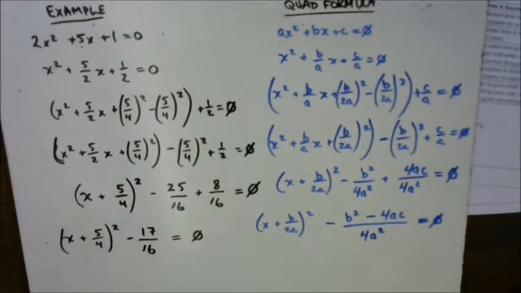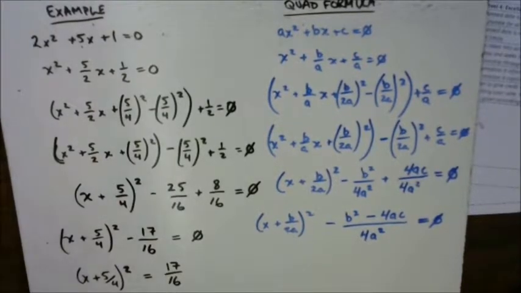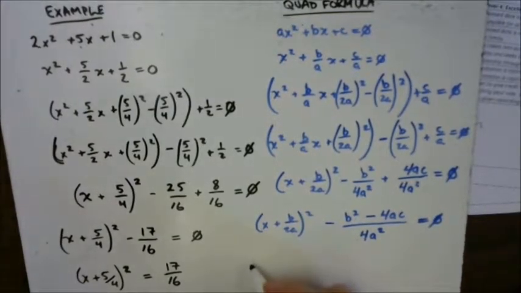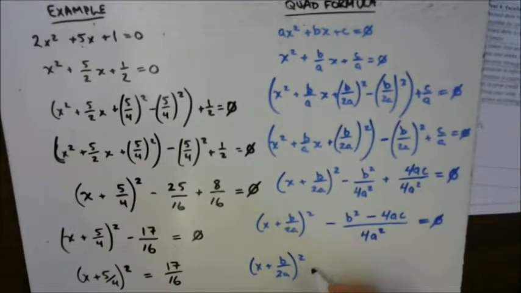Now here's where we get to the part where we're going to be using our square root. So now we're going to try to solve for x. We're going to strip everything away and see what we are left with for x. So we still have x plus 5 over 4 squared. So we're going to add 17 over 16 to both sides. And we'll do the same thing over here. So we're going to be left with our binomial, x plus b over 2a squared.